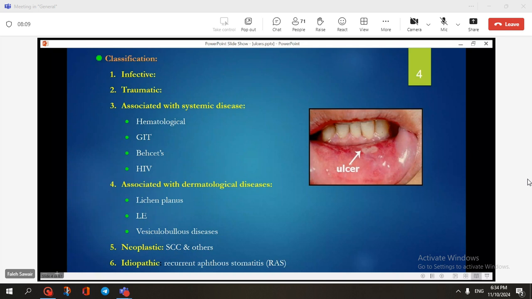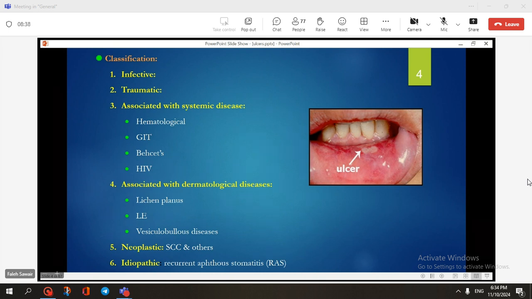And sometimes the ulcers are not the only thing that the patient is having. Sometimes these patients may present with ulcers as a result or secondary to systemic disease, for example, hematologic deficiencies, iron deficiency anemia, or other deficiencies can cause oral ulcers.